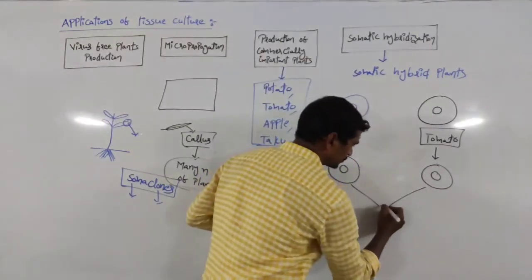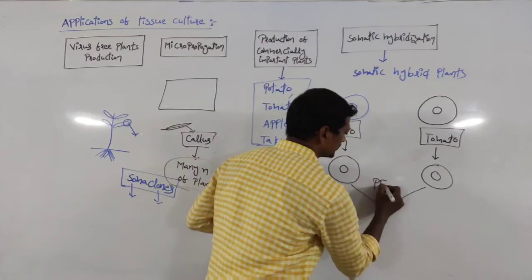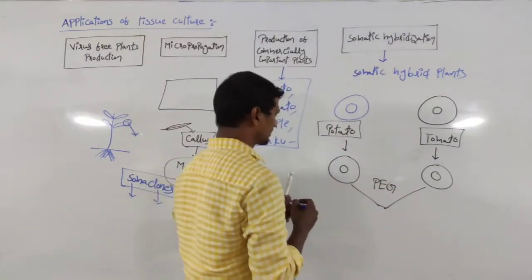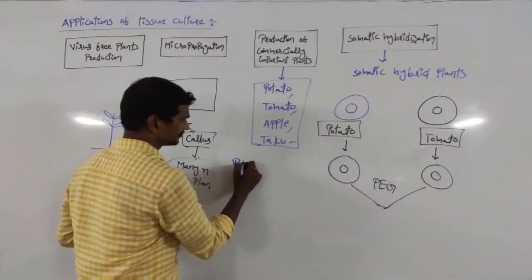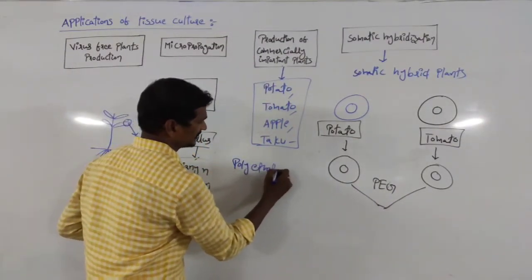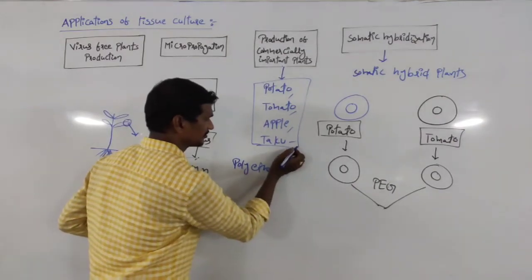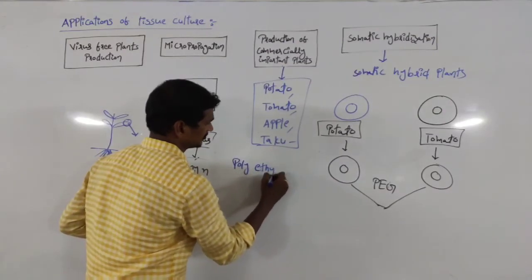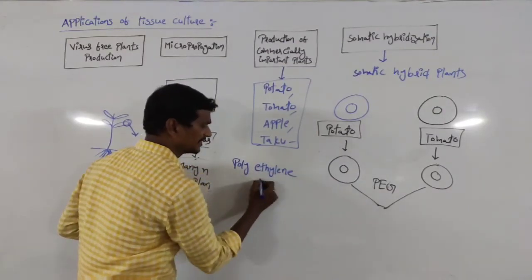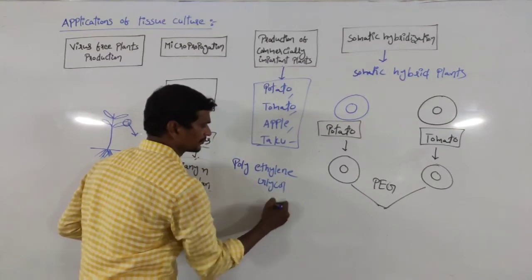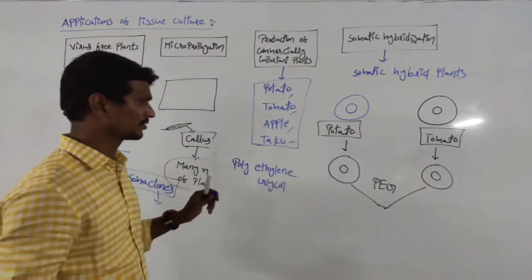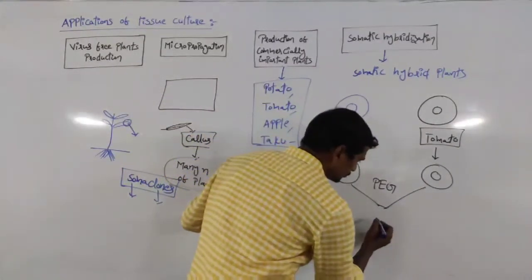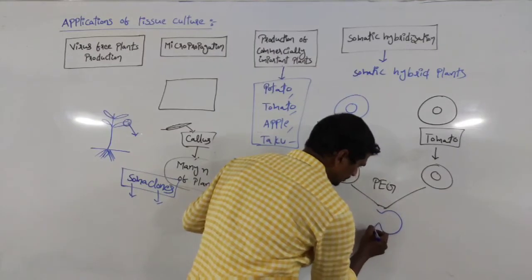And these protoplasts are fused by the PEG agent. PEG is nothing but polyethylene glycol. This is one of the fusion agents.